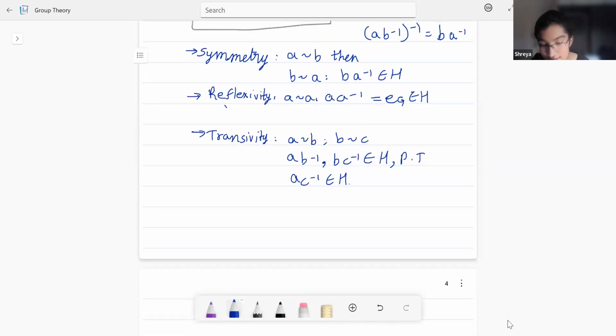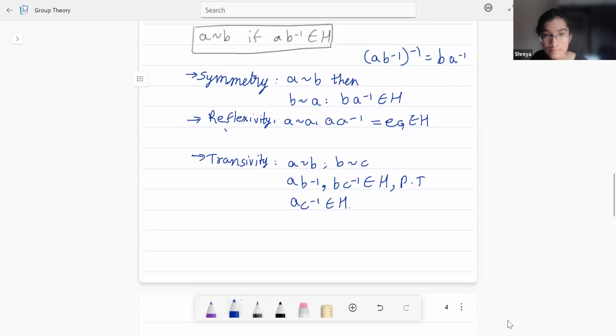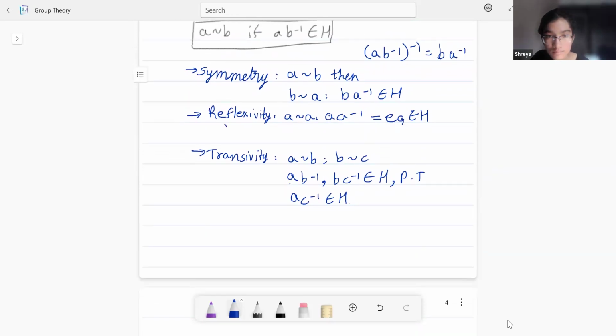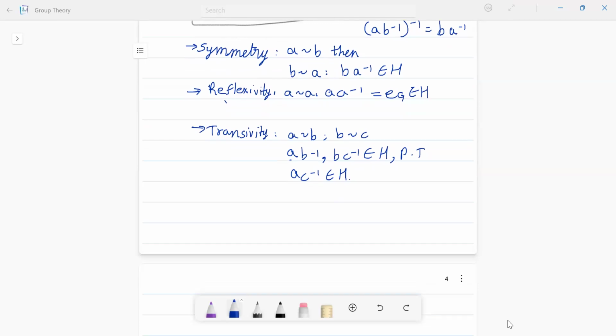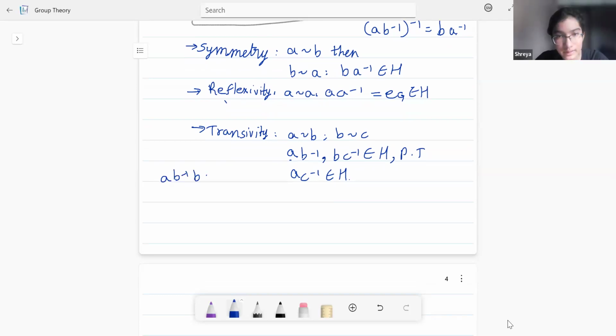What do you do? Okay, so we can just take the product of whatever they are, like AB inverse and BC inverse, so AB inverse times BC inverse.